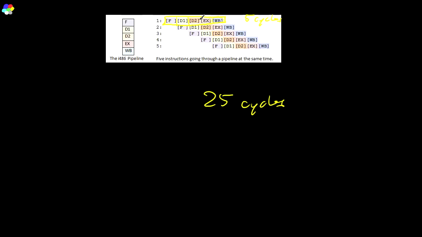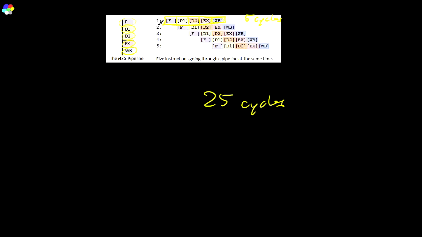But each of the steps in completing an instruction, let's say they're operating on different units inside of the CPU, different modules. So first, if you're executing instruction 1, you're going to do some processing in F, you're going to do some processing in D1, D2, EX, WB, and then the instruction's done.